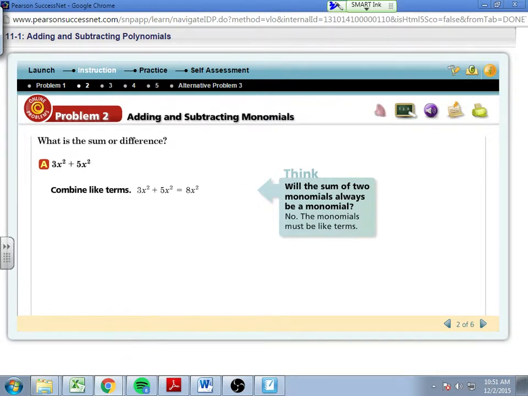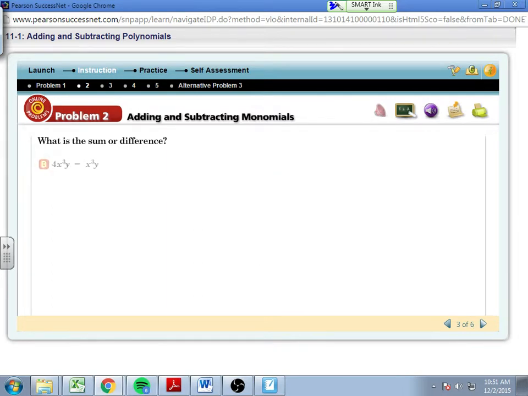This one gets a little bit more challenging. We have 4x cubed y minus x cubed y. Are these like terms? Yeah, right? Because now, and this is what I was trying to explain to my 7th graders today, when we put multiple variables together, it essentially creates a new variable. And you'll do this as you get further up in your mathematical career.